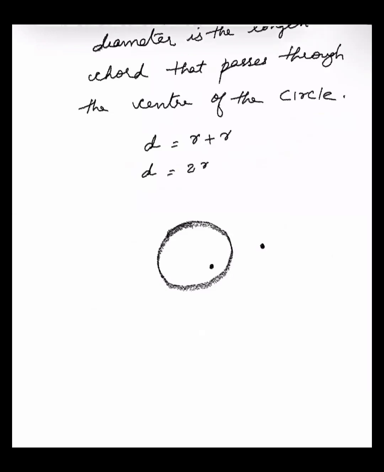And if I keep a point on the circle here, that is on the circumference of the circle. So points can be on the circumference of the circle, inside the circle, or outside the circle.